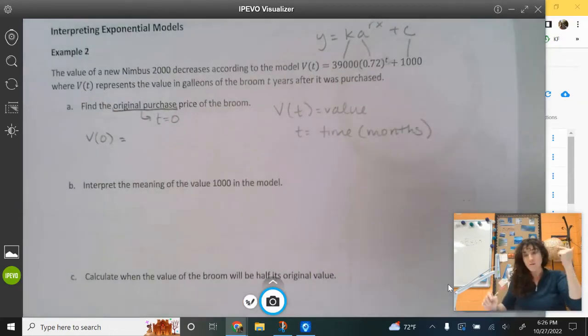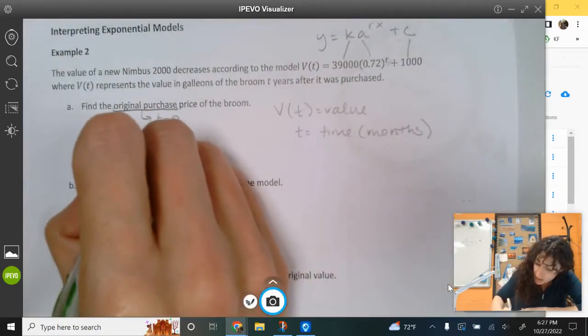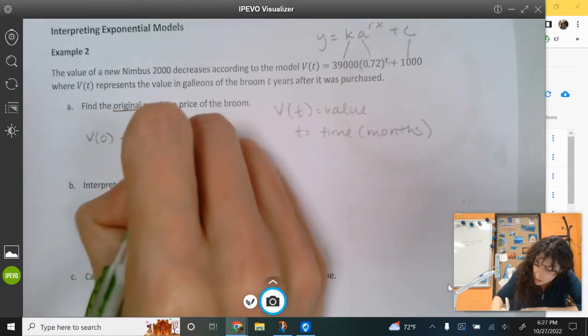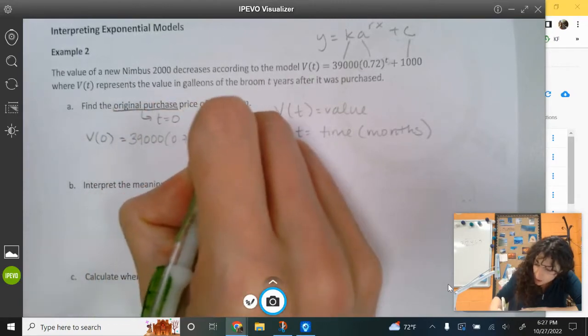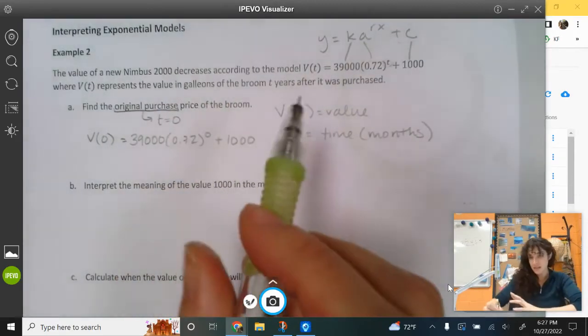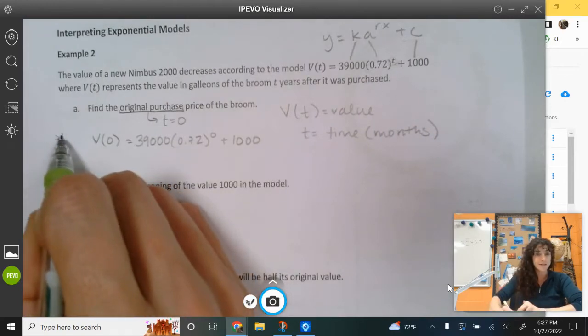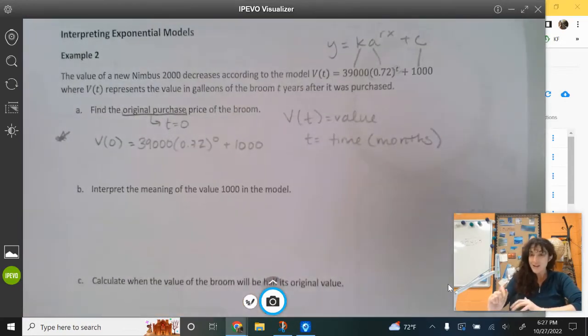Now, keep in mind that we had a formula on the page behind this that told us how to find the initial value or the original value, and we're going to see why it's this way. If we plug in 0 for t, that's going to be 39,000 times 0.72 to the 0 power plus 1,000. Anything raised to the 0 power is just 1.